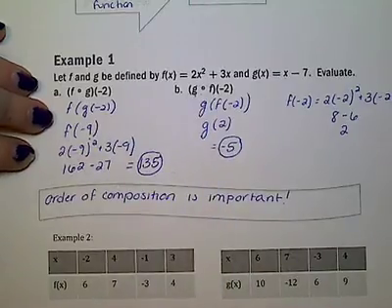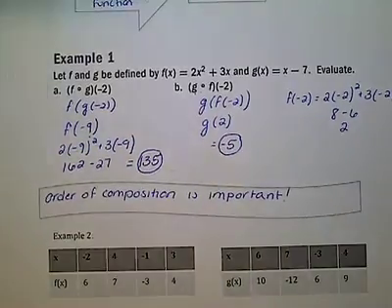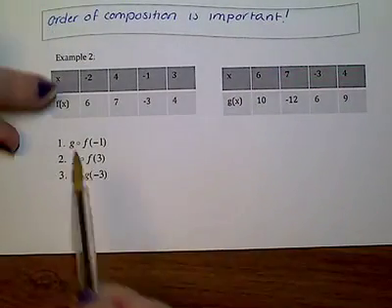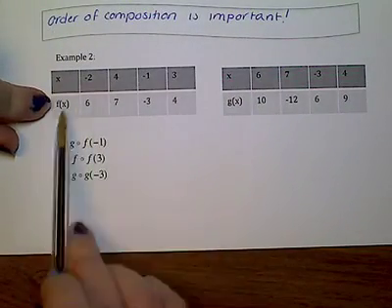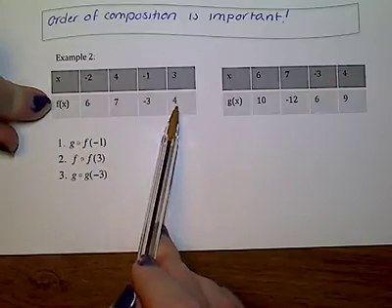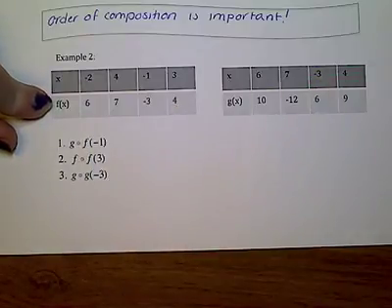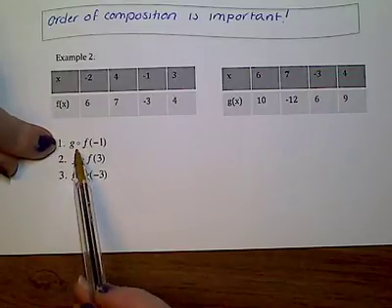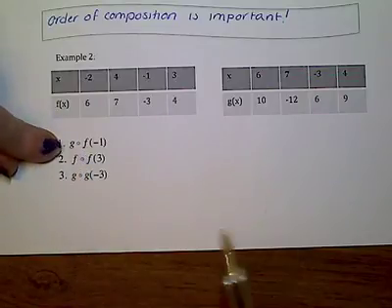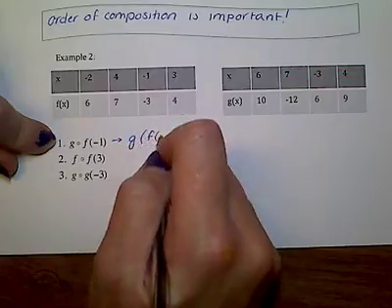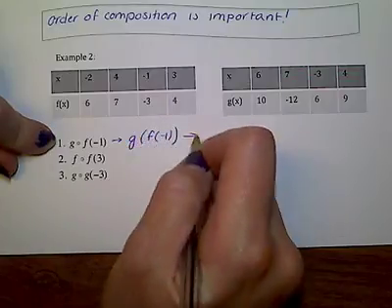All right, another example. I've got some tables here. Notice that the tables, one table gives you x's and the resulting y values for f. The other table gives you x's and the resulting y values for g. So for number 1, g of f of negative 1, that means g of f of negative 1, like this.